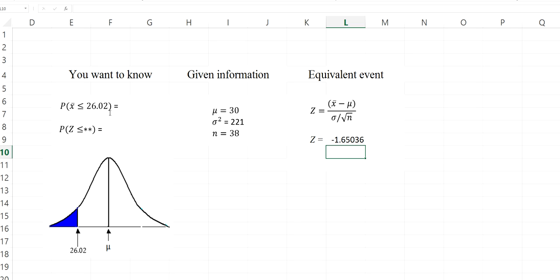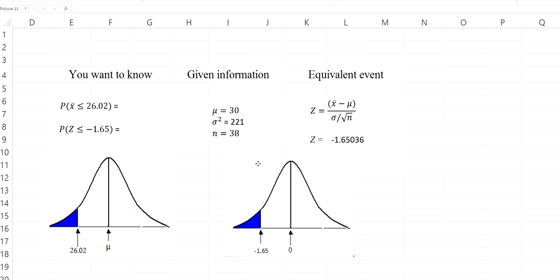So here it is, 1.65. So when X is less than 26.02, Z is less than negative 1.65. And the corresponding Z distribution will look like this. So you're looking for this area, the left-sided probability. You can compute that very easily by using the Excel formula equal to NORMSDIST, and then this number, negative 1.65.